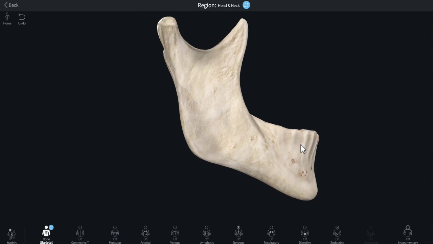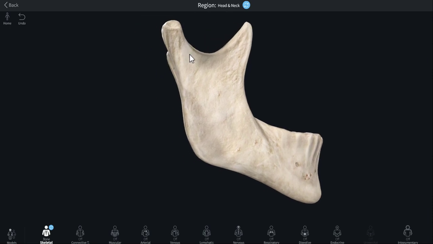Anyways, so this rectangular plate, this is what we call the rami of the mandible. All right. Rami is plural, obviously, because there are two ramus.